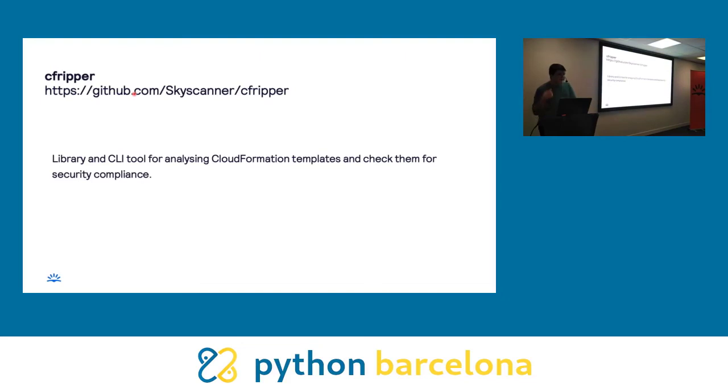CFRipper creates a model in Python of the file, and if it fails to create the model, it tells the developer, your model has this problem, so we don't wait for AWS to tell us. And if it succeeds in creating the model and the model is valid, then we run a security analysis.